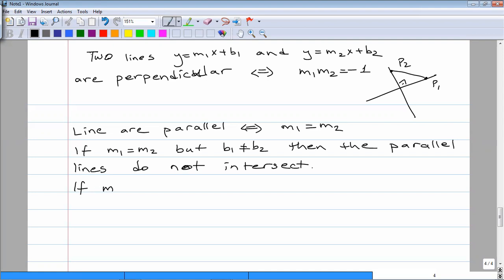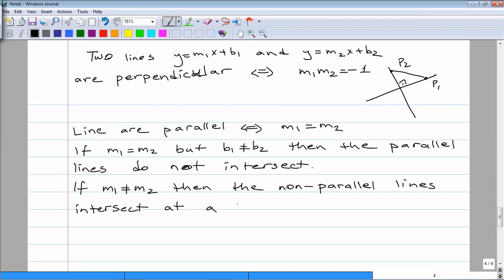If m1 is different from m2, then the non-parallel lines intersect at a unique point. You have one line. If the other line is not parallel, then it has to intersect the first line at a unique point.